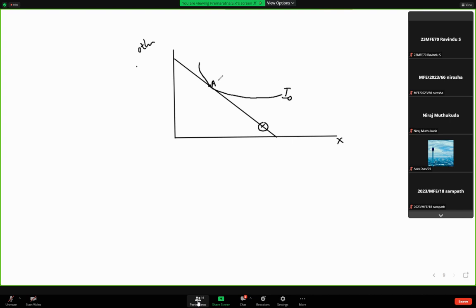Now what happens if the price of X decreases? The new budget line rotates anti-clockwise, and you get a new budget line I name as 2.